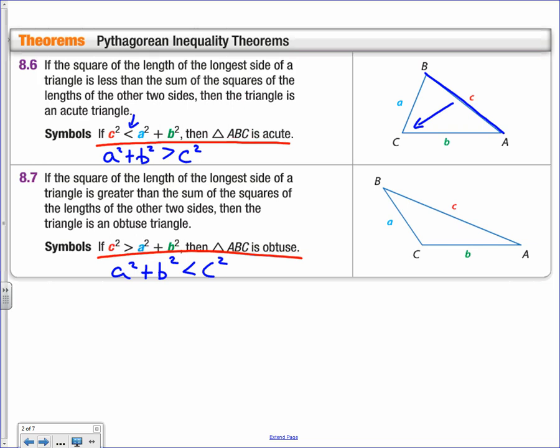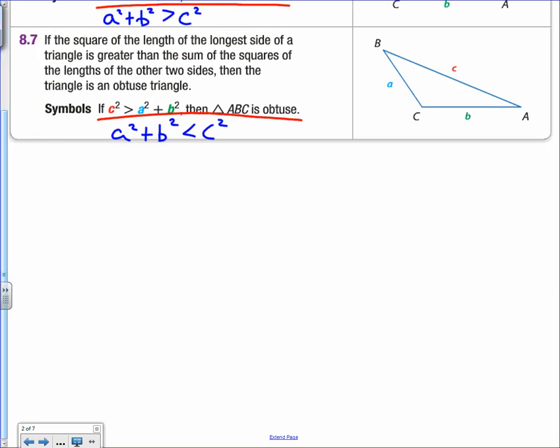So I'll try to give a brief example of this, if it will let me extend my page a little bit here. If we had a right triangle with sides of 3, 4, and what would our third side be? So hopefully we know it would be 5, right? 3, 4, 5 is a right triangle, a Pythagorean triple of numbers.